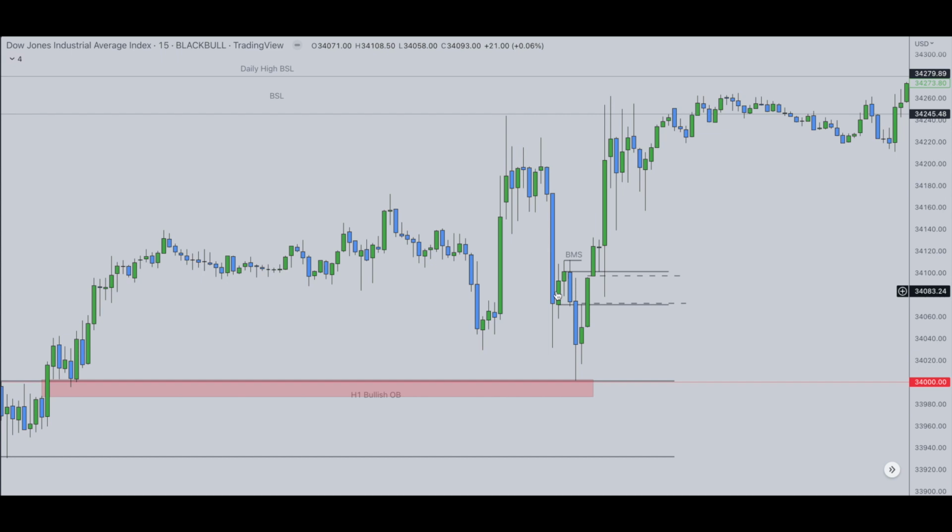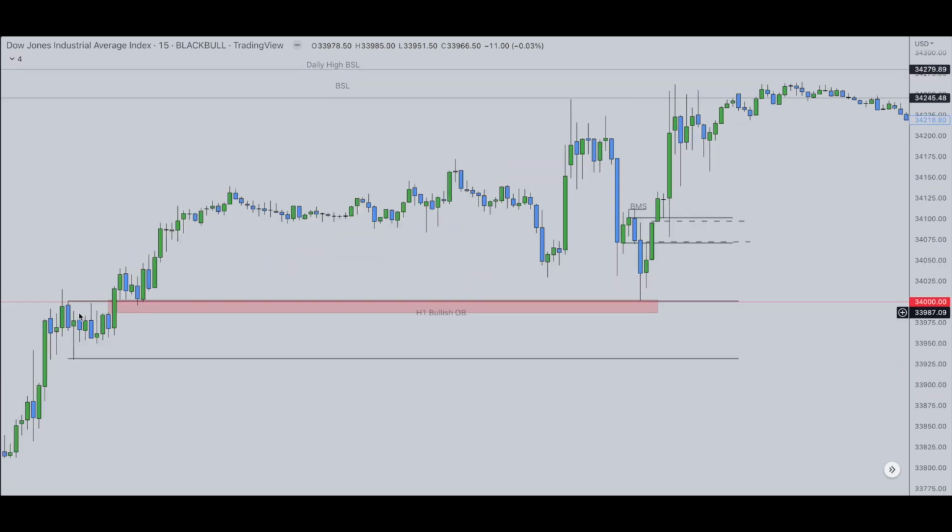ICT concepts focus on very logical things. So if you look for logical characteristics in price, you would know that this H1 bullish order block here was engineered and left there for a specific reason. So there's no coincidence here.